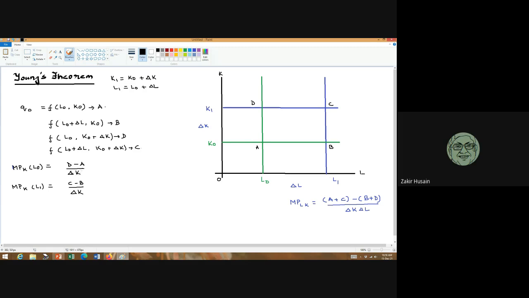Can everyone follow this? D minus A, just check it out yourself. D minus A is this. Your capital is only changing. Del K is coming here. And this will be when you have got L1 capital A.